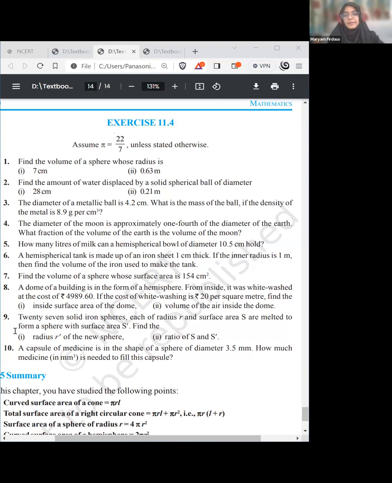Preshita, till where have you reached? The last calculations. Okay. So what is the last step that you are at? Can you please read it out? Yeah, please read it out.